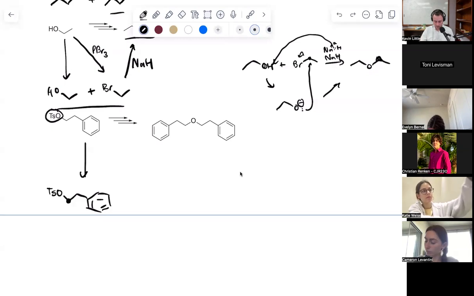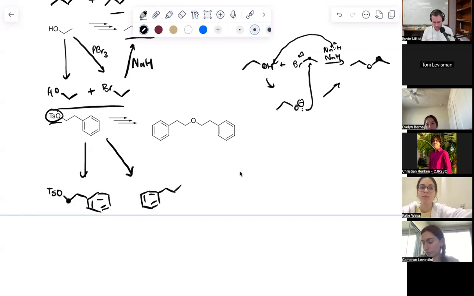So that's my electrophile. I need a nucleophilic version. So what could I use to substitute that tosylate out for a nucleophile? Something that could be nucleophilic for the substitution.